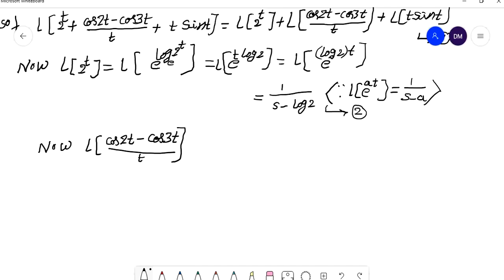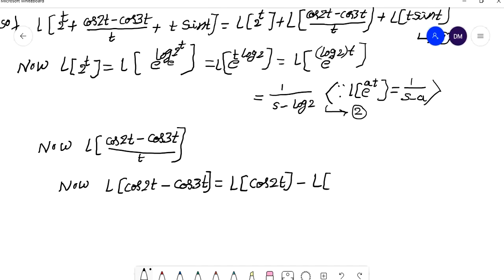So first we have to find L of cos 2t minus cos 3t. The two functions are in the form of subtraction, so apply the Laplace transform to the individual functions: L of cos 2t minus L of cos 3t.